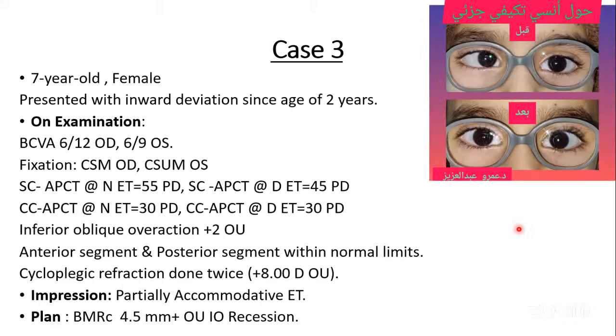Is this 6/12 vision enough to have unmaintained fixation? 6/12 comes in moderate amblyopia. But for unmaintained, it should be severe, right? Or it can become unmaintained with the moderate also? Not necessarily, even with mild amblyopia. Even some patients, interestingly, with partially accommodative esotropia that I started giving them glasses, after examining the vision with glasses, they even might have equal vision in both eyes, but they prefer fixation with one of the eyes.